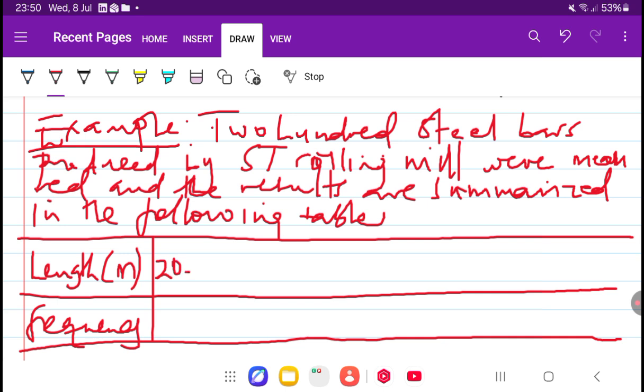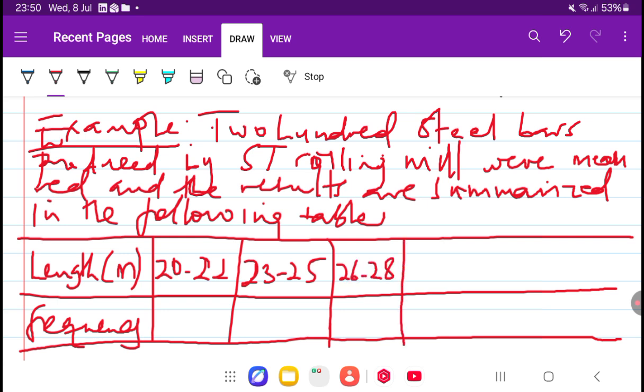The first one is 20 to 22, 23 to 25, 26 to 28, 29 to 31, 32 to 34, and finally we have 35 to 37.